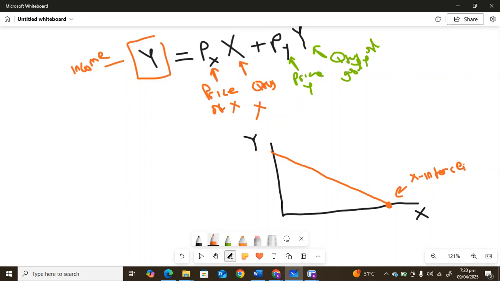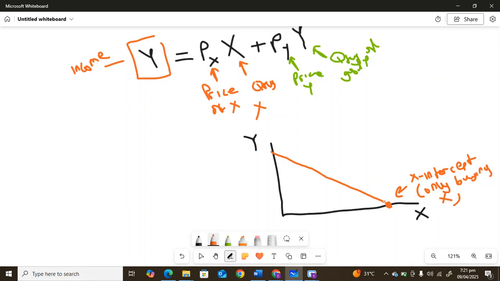What this x-intercept represents is that with your budget, you're only buying good X. You don't buy good Y, just good X. That's what the x-intercept represents.